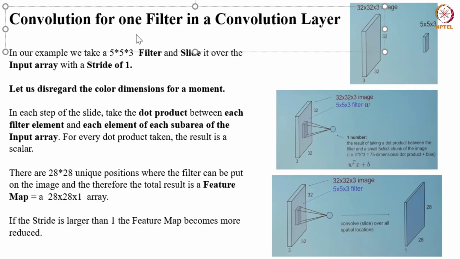So when we have done that systematically for all possible positions of the sliding, then we have a complete feature output map. And the normal thing is that we have a stride which is low, which means that when we slide, we take 1 step or 2 steps or 3 steps.